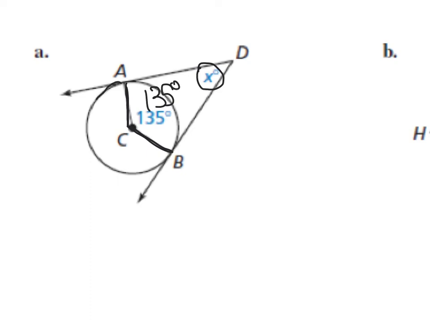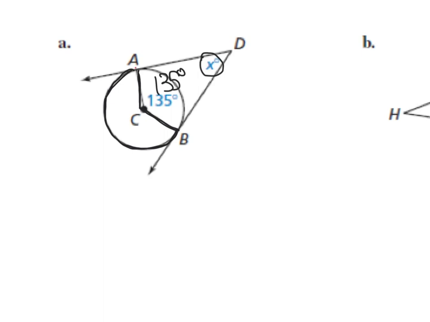But I have to think about, all right, how can I figure out what my other intercepted arc is? Going back to what we learned previously, all the way around the circle is 360 degrees. So I know that this arc AB on the outside here is going to be 360 minus 135, so this arc on the outside is 225.